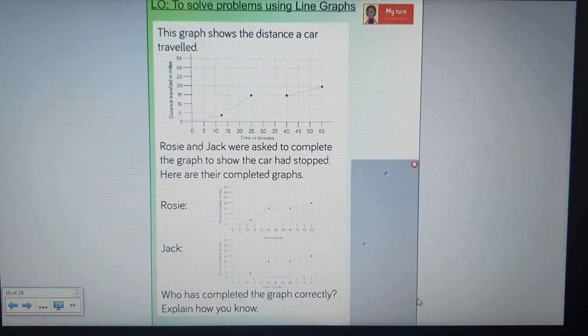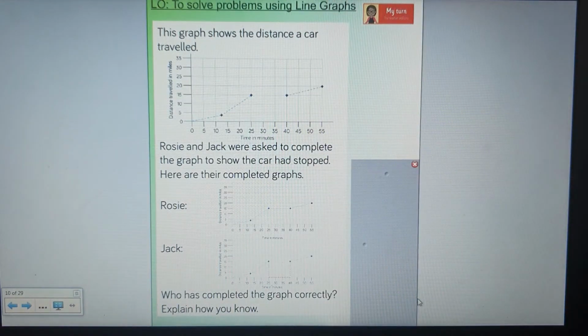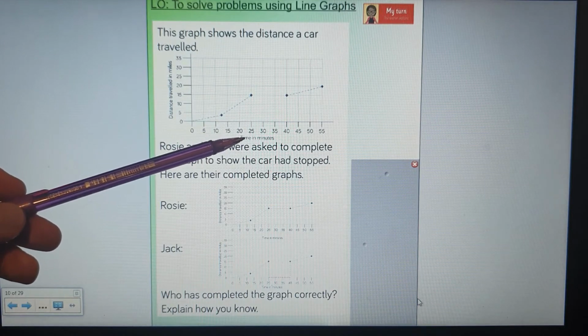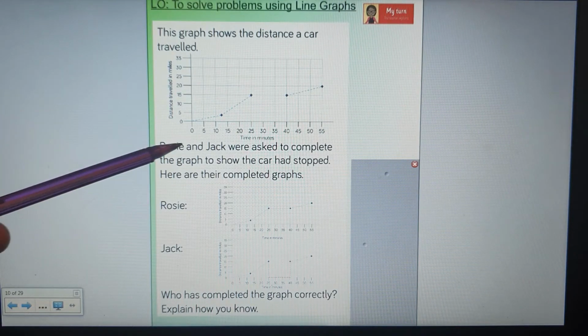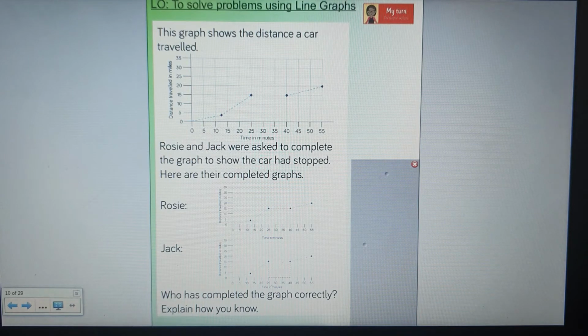So another little my turn. And we've got a graph here to show the distance that a car has travelled. On this side, it says distance travelled in miles, and along the bottom, it says time in minutes. But there's a bit missing. So Rosie and Jack were asked to complete the graph to show the car had stopped.